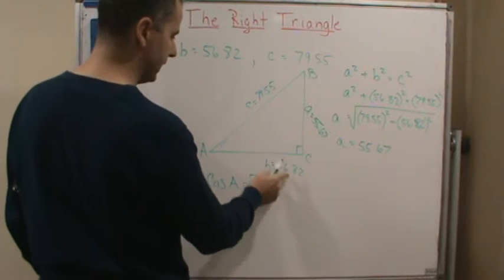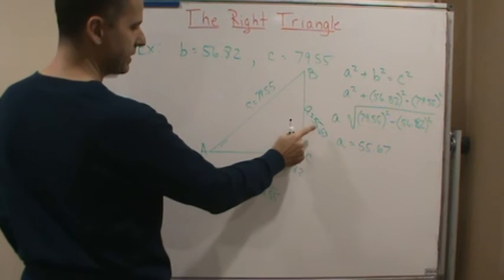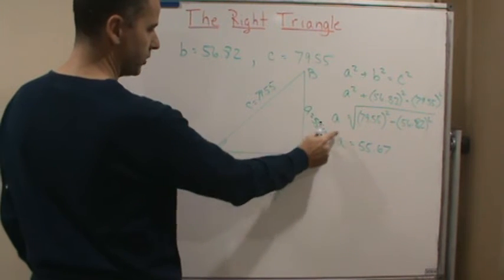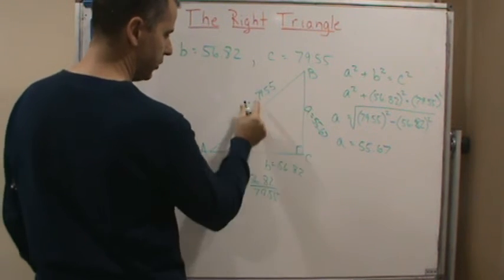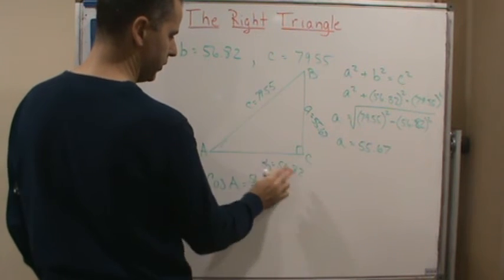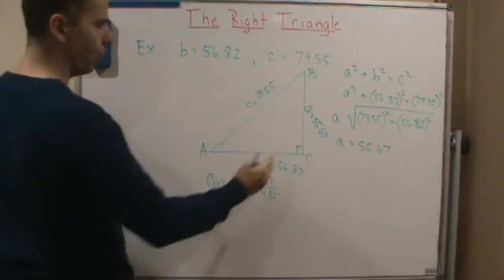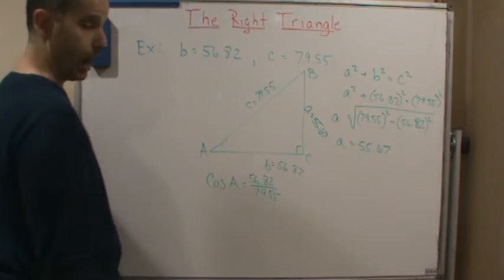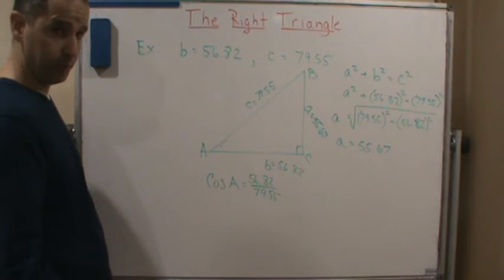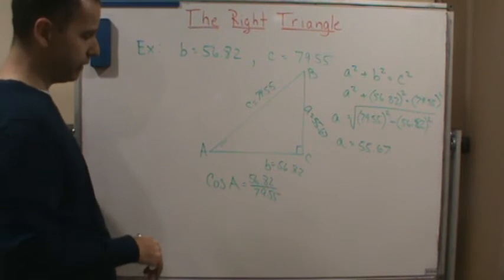Now why am I using these two and not this one? Because this one was calculated and so it's rounded. These were given to us, so I'd rather use the ones that were given than the one that we calculated and rounded to the nearest hundredth. It's just my way of doing things.